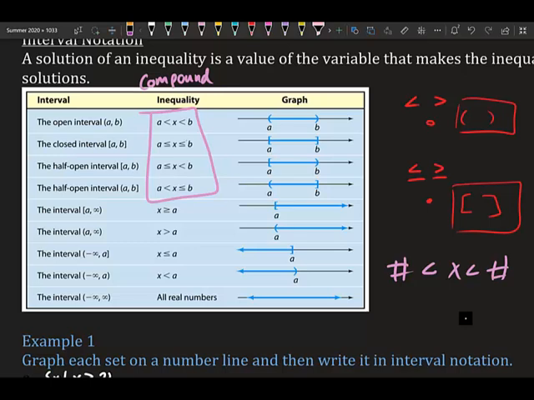But it'll always be less than, less than. And do you notice they always go together? Why do they always go together? Because when it's a compound inequality, compound means together. It's one whole thing. So that's why I remember together goes together.